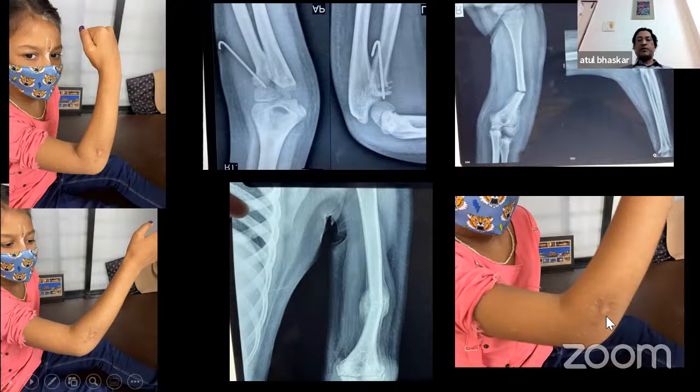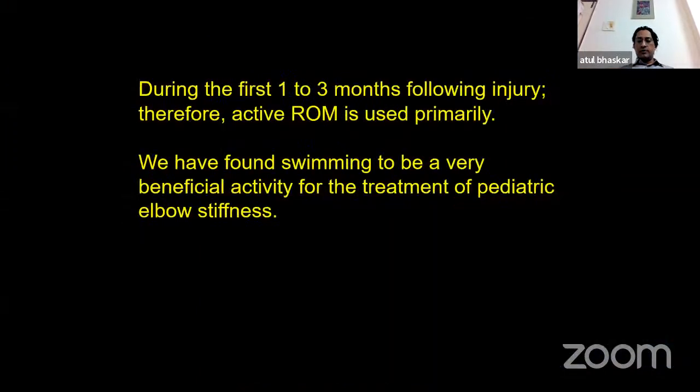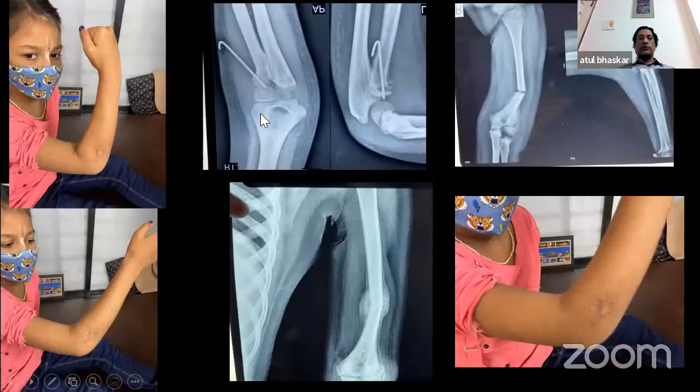So this was the range when she presented, almost 75 degrees of fixed flexion deformity up to 90. But this is a combination not only of intra-articular pathology because of the fracture and the pinning, but also sepsis, and extra-articular injury, a fracture causing stiffness because of immobilization.